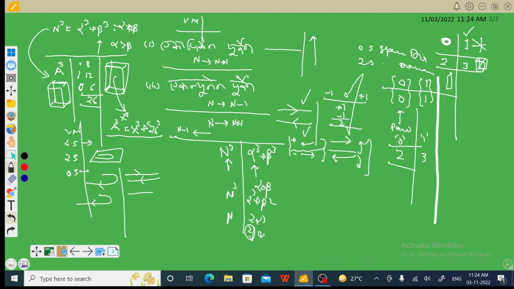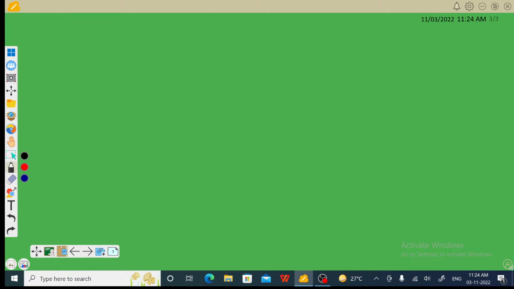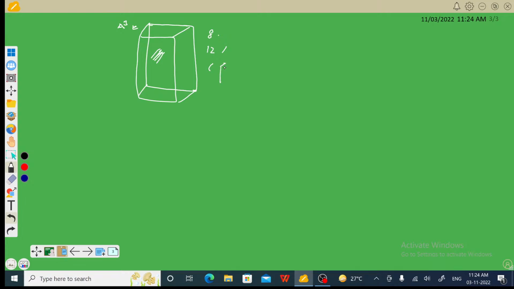Let us revisit this particular structure. See, if we have a cube, then let us draw length a, breadth a, and height a as well. Now in this a cube, here is the volume, and there are 8 corner points, 12 edges, 6 surfaces, and 1 volume.